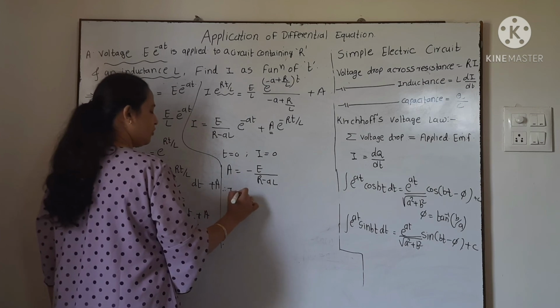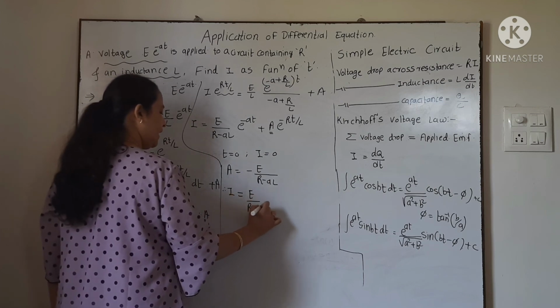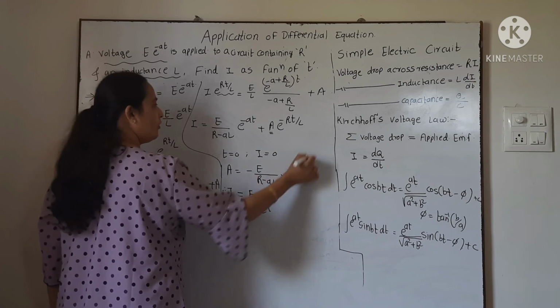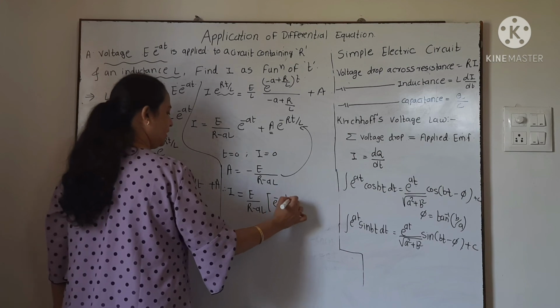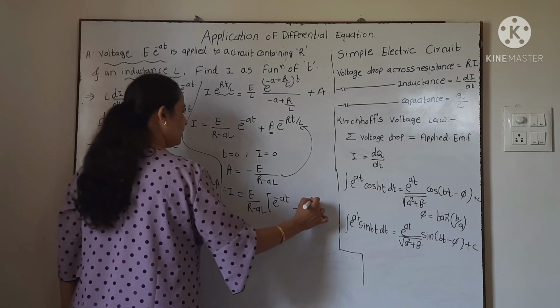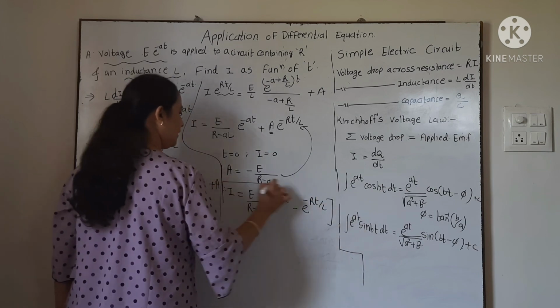Therefore, the expression for current is, we can take E upon R minus AL common. Put this value of A in this equation. You will get e raised to minus AT minus e raised to minus RT by L, and this is the expression for current.